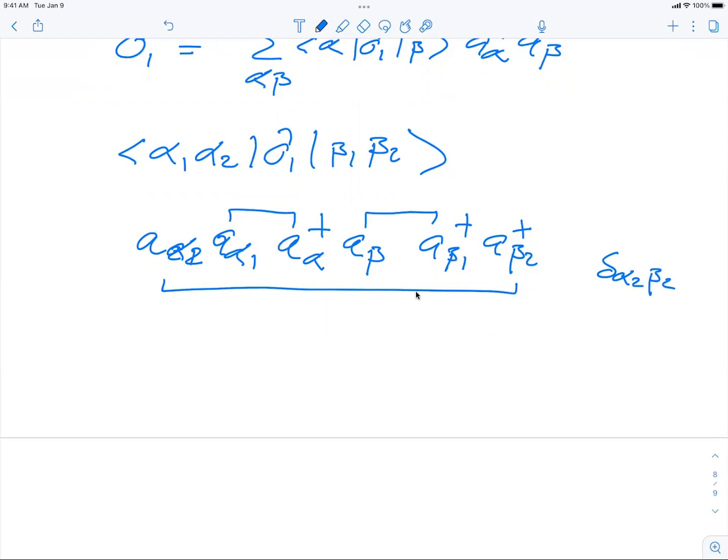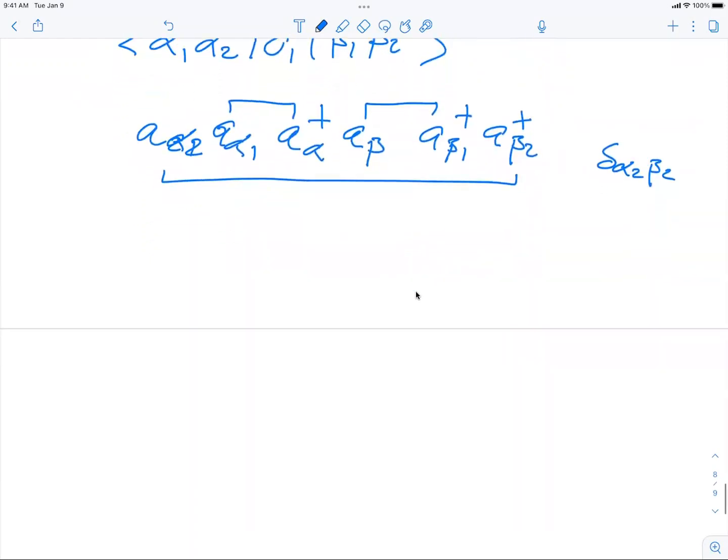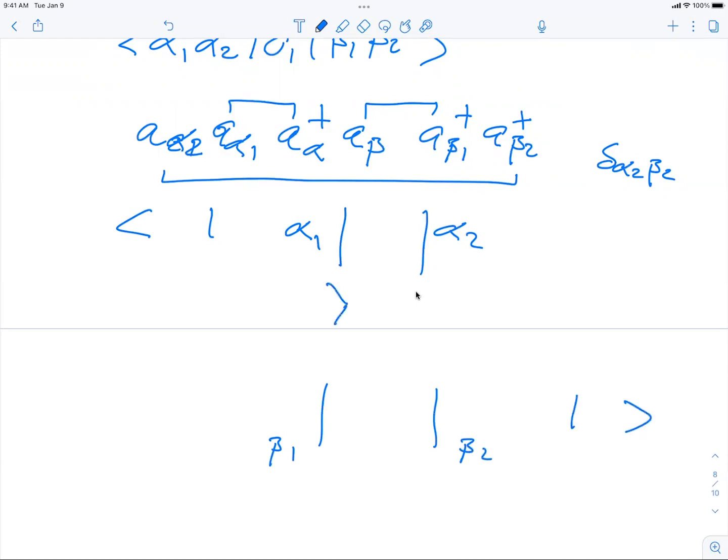If we now want to write down the diagram, we start with the outgoing state, which has alpha 1 and alpha 2 here. Then we have a beta 1 coming in and a beta 2. We haven't put on arrows here. This is then multiplied with an operator, which has a state beta and a state alpha here.